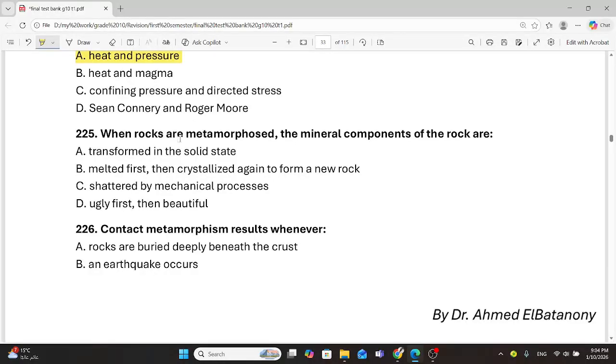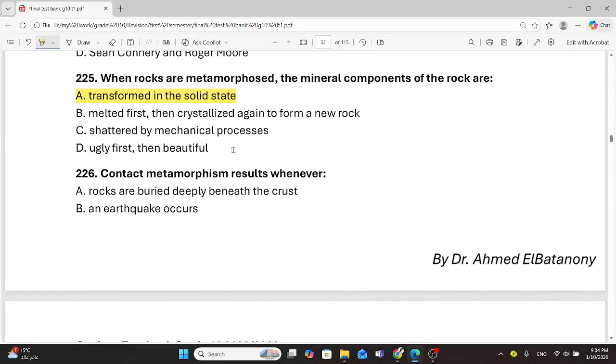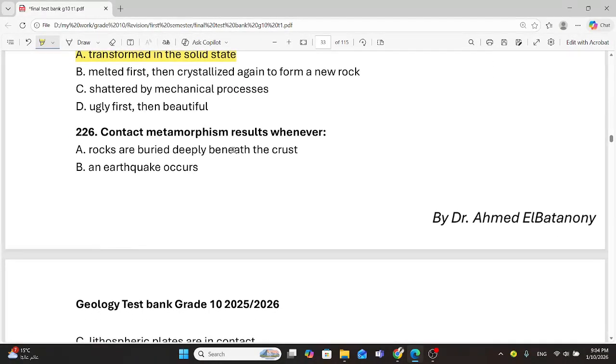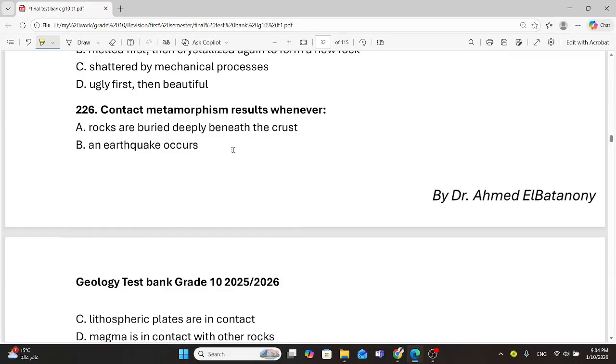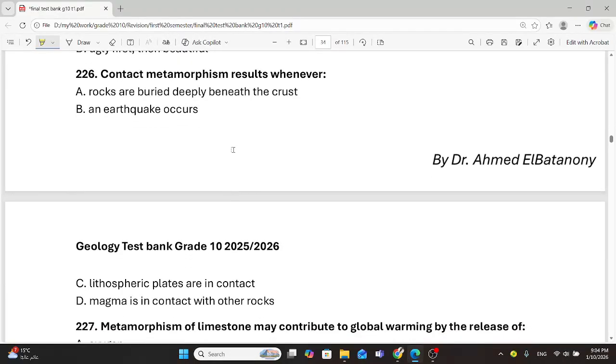When rocks are metamorphosed, the mineral components of rock are transformed in the solid state. طيب contact metamorphism results whenever rocks are buried deeply beneath the crust ولا an earthquake occurs ولا lithospheric plates are in contact ولا magma is in contact with other rocks.